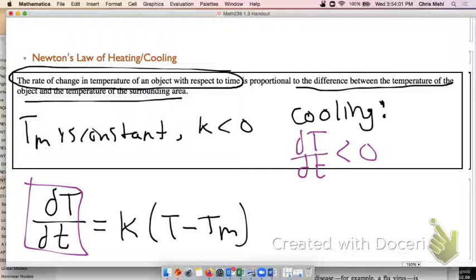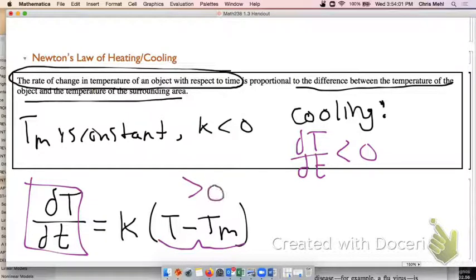Well, this quantity right here, if you are cooling, the temperature of the object is going to be greater than the temperature of the medium. So in that case, for cooling, this is actually positive. Actually, let me write this down here. I'm out of room. This quantity, T minus Tm, is greater than 0.